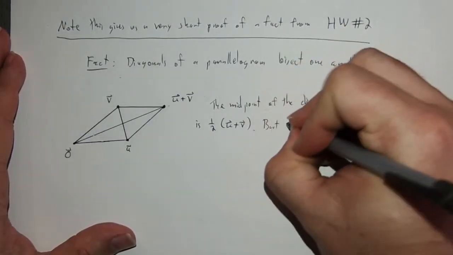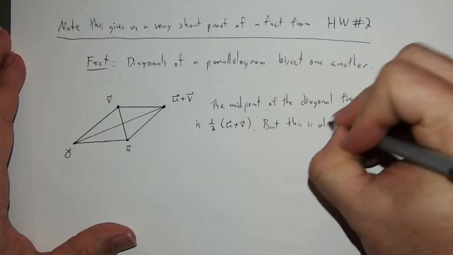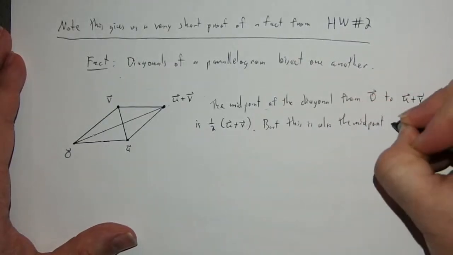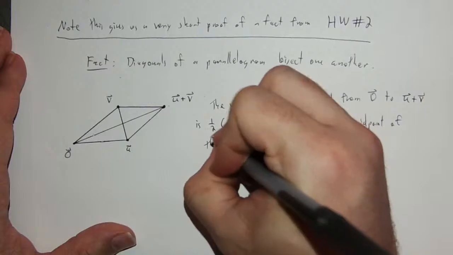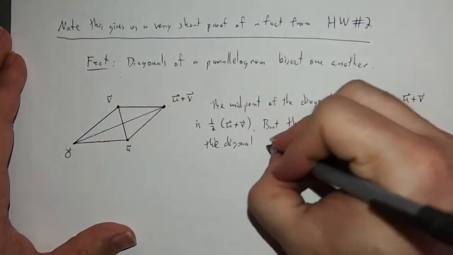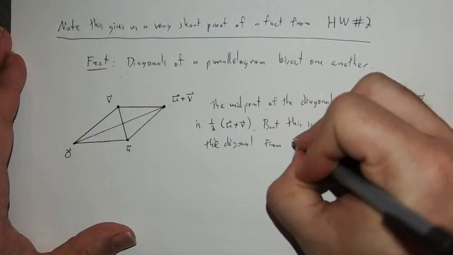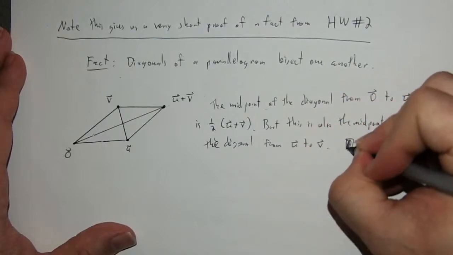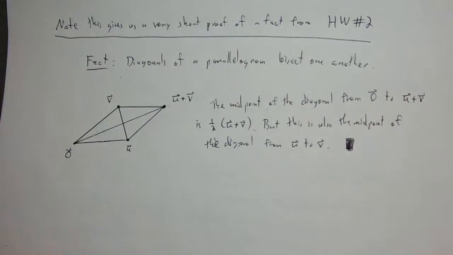But this is also the midpoint of the diagonal from u to v. So that's it, right? Those two line segments have the same midpoint, so they bisect one another.